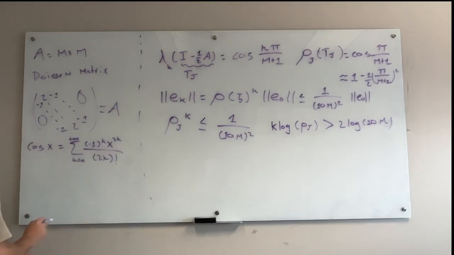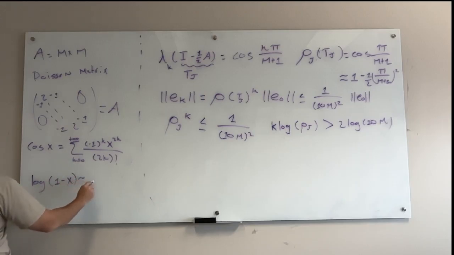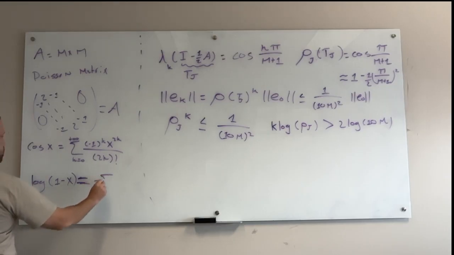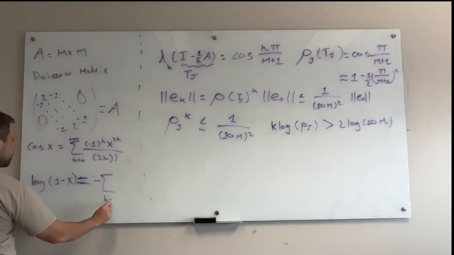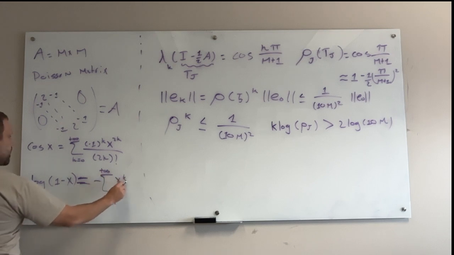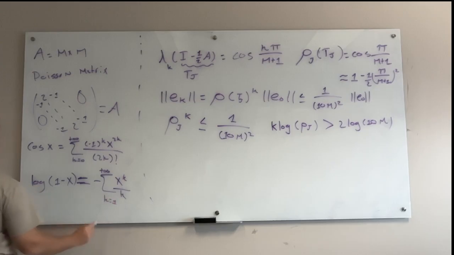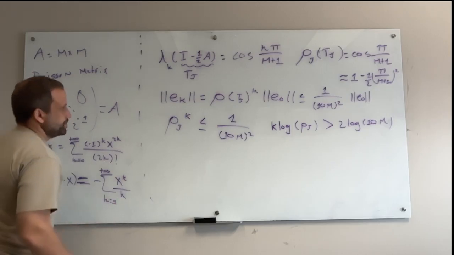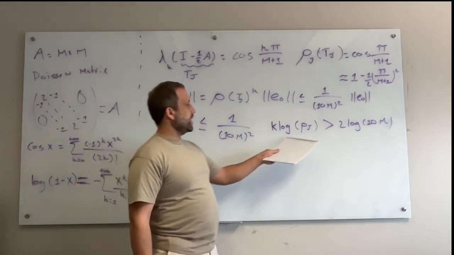And then we can also use the fact that log of 1 minus x is equal, not approximately equal, to minus the sum k equals 1 to infinity of x to the power of k over k. We're going to apply that here.